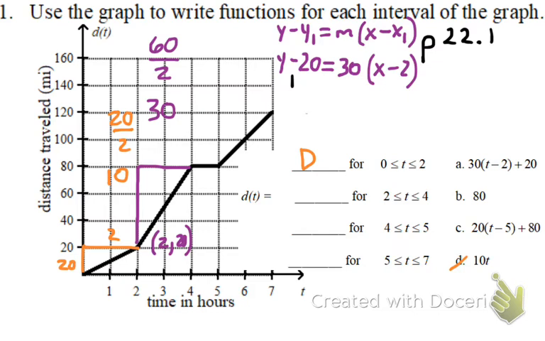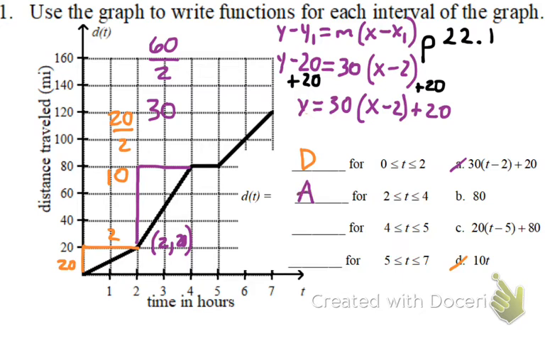So we have y minus 20 equals 30 times, in parentheses, x minus 2. Now we need the y to be by itself, so to get rid of the minus 20, we'll add 20. And so we'll just put that plus 20 out to the side. And then if we rewrite that in terms of d of t instead of y and t instead of x, we'll have a match for choice A.